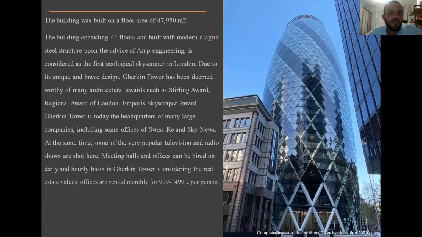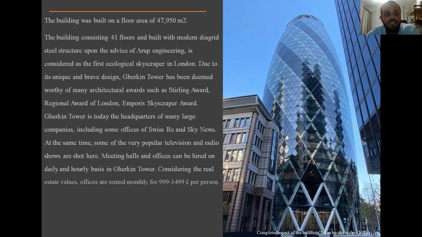The building was built on a floor area of 47,950 meters square. The building, consisting of 41 floors and built with modern Diagrid style structure upon the advice of Arup engineering, is considered the first ecological skyscraper in London.